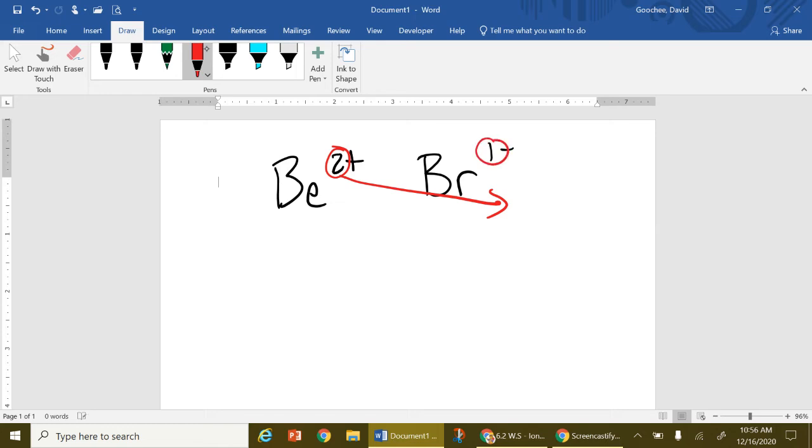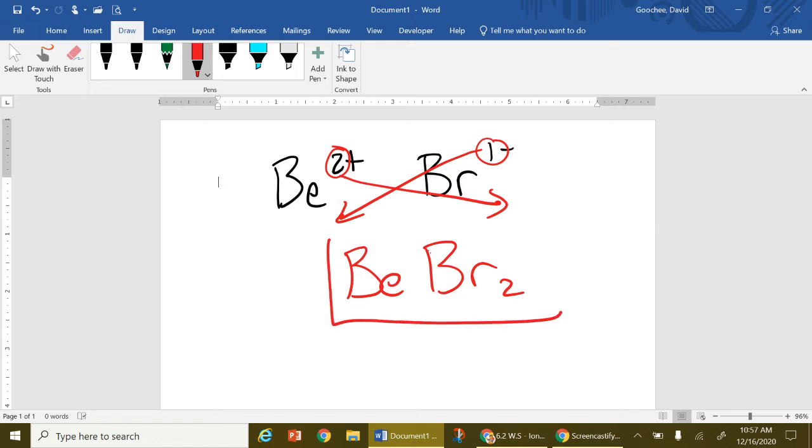This is a 1- charge, which means I'm going to have one of this guy over here, so the formula is going to be Be1, not -1, just Be1, Br2. So BeBr2 is the formula for beryllium bromide.